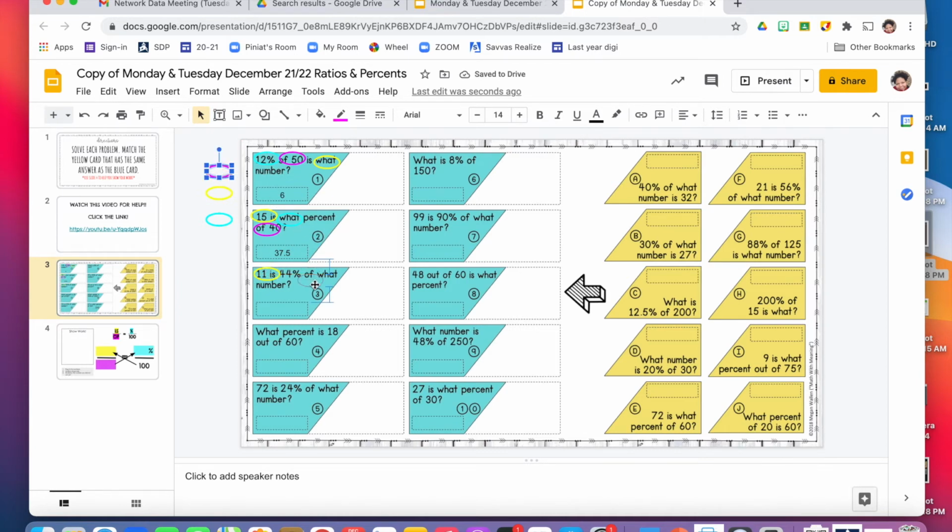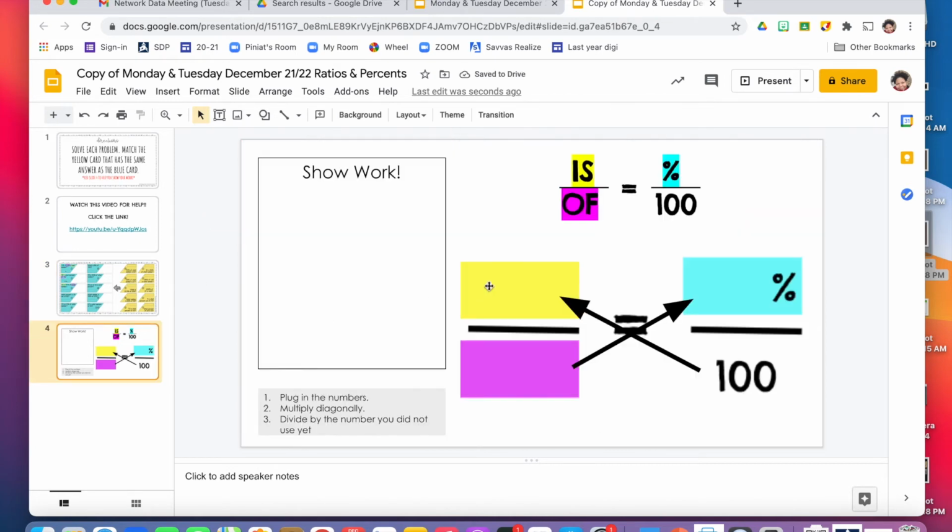My of would be of what number? So we don't know. And my percent is 44%. Let's go back to the show work page. 11 is 44% of what number? Let's put question marks.